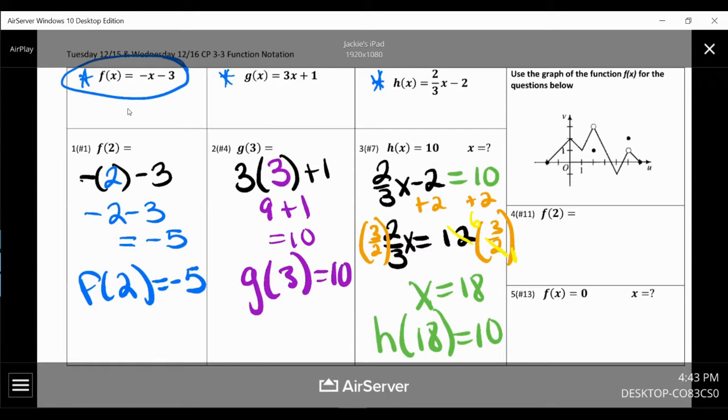Now 4 and 5 are using the graph above to first evaluate the function when x equals 2, and then to find what x value gives us an f of x value of 0. So for f of 2, that's like saying we know that x equals 2, but what does y equal? So let's find the value where x equals 2.